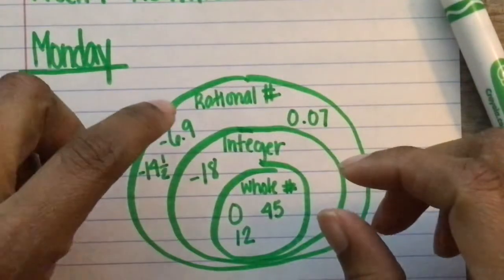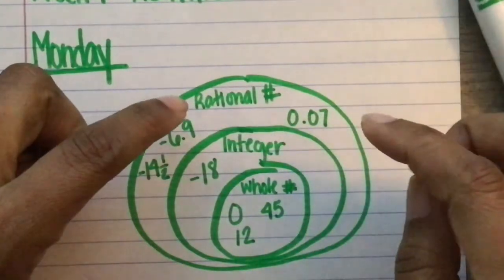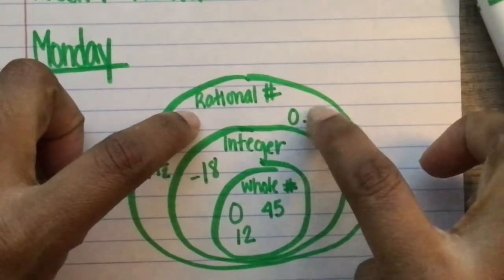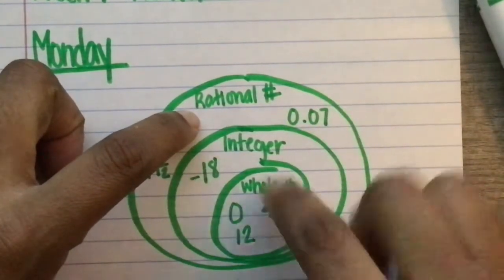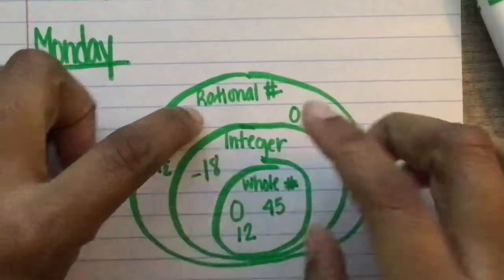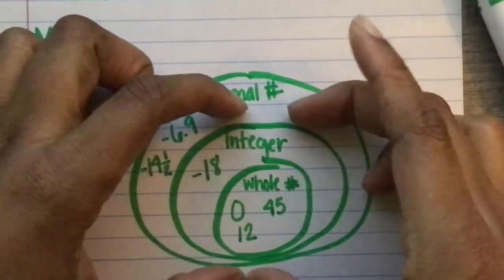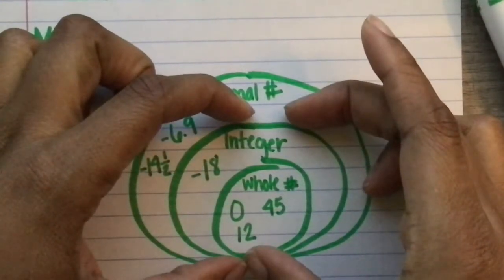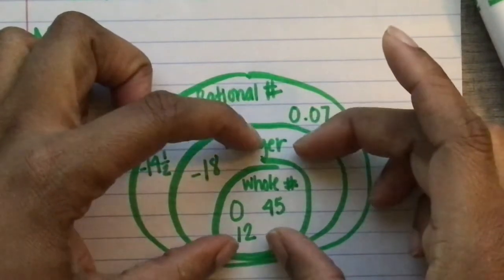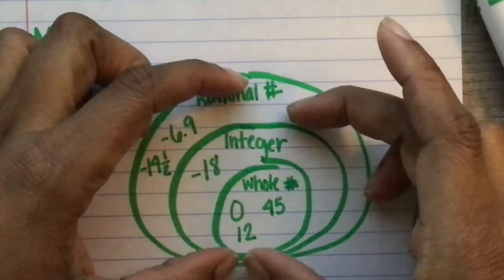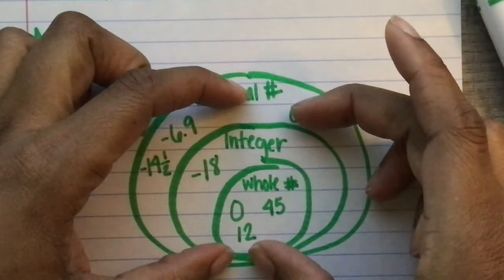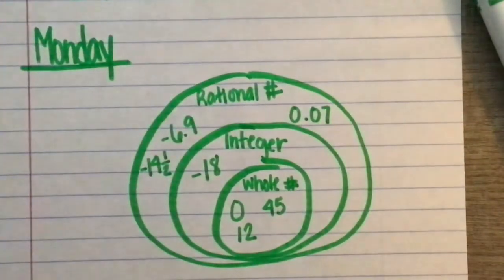But if we have a rational number, can it be a whole number without being an integer? Well, no, because that whole number circle is inside of integers. So something that's a whole number is also automatically an integer. So the answer to number 1 is no.